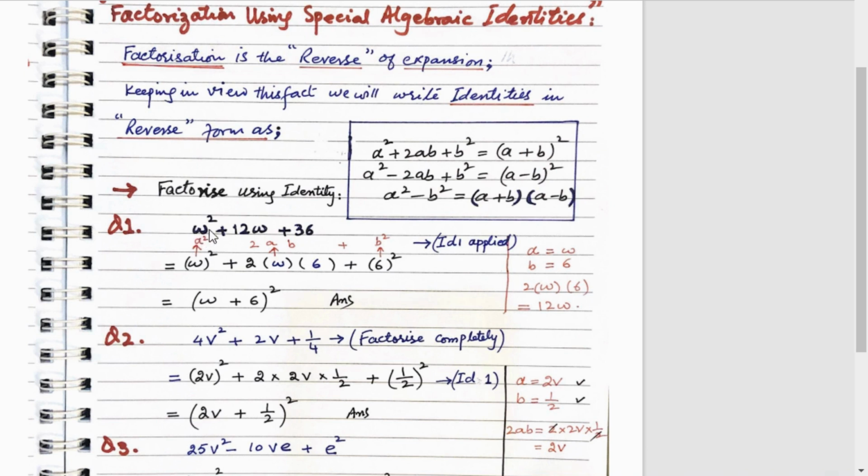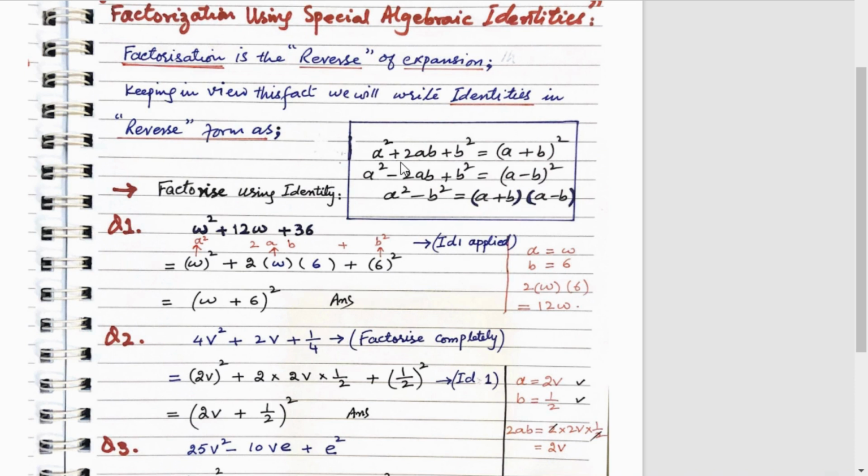Now can I write w square as (w) whole square in brackets? There is no harm. Now a is w. Look at this, in the rough column, a is equal to w. We have replaced a by w, and what do we replace b by? Now we will look at the terms one by one. What I am doing here is converting it into the form of identity 1's expansion.